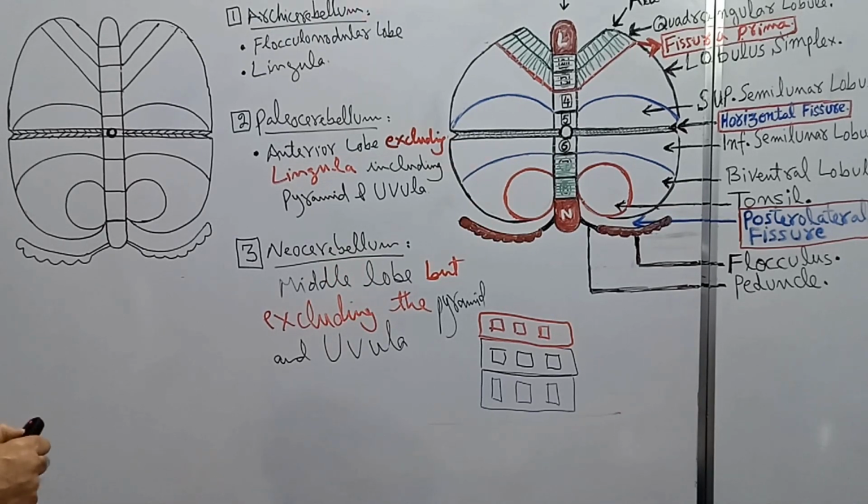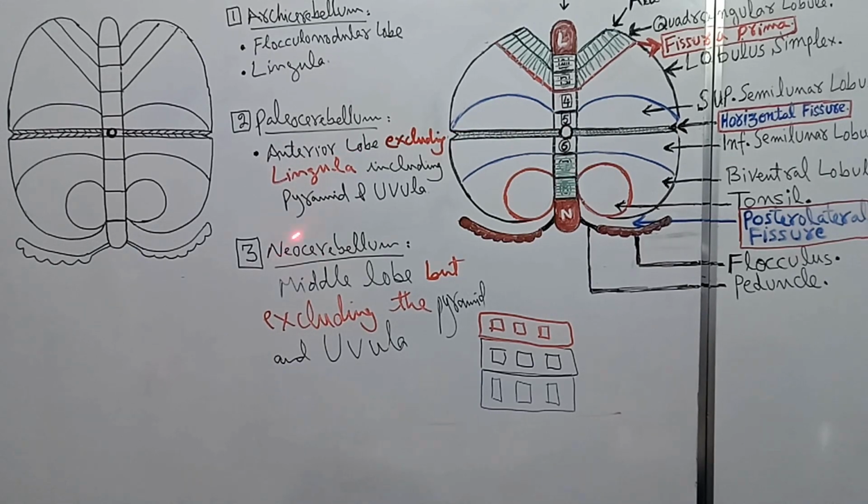So based on stages of development, we divide the cerebellum into these three major lobes. That is archicerebellum, comprising the flocculonodular lobe and lingula. Then paleocerebellum, comprising the whole anterior lobe, excluding the lingula, but including the pyramid and uvula of the vermis.